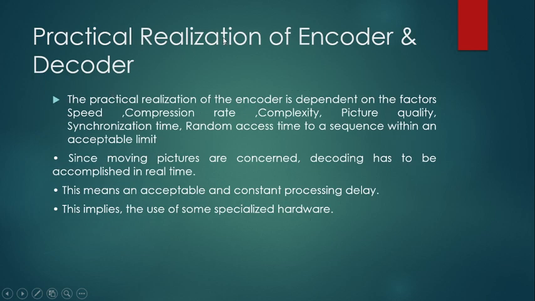Now the practical realization of the encoder. As I told, in the encoder we require motion estimation and compensation to be performed. So the practical realization of the encoder depends upon all these factors. And when we consider decoding, there is no requirement of motion estimation. So the circuit is going to be more simple.